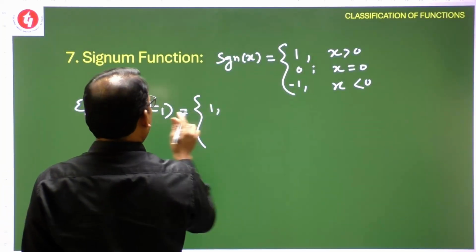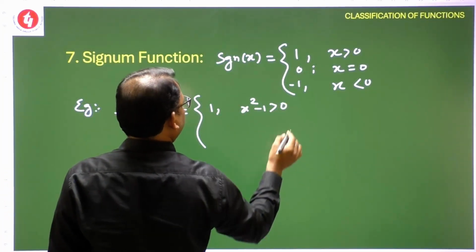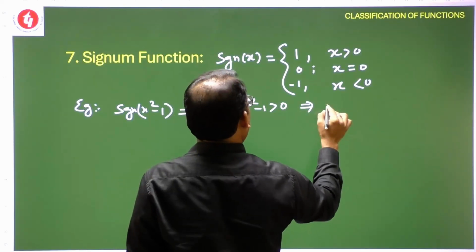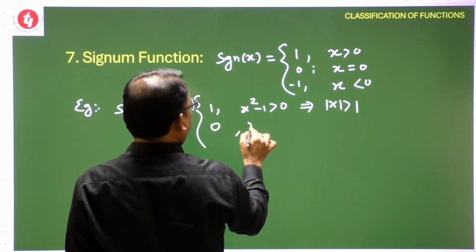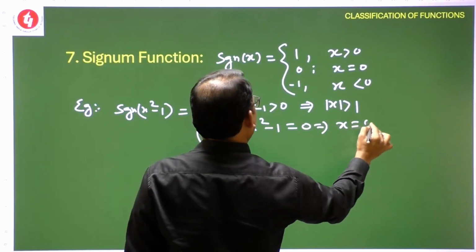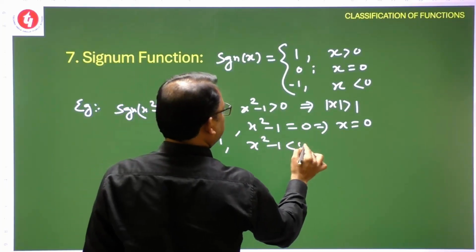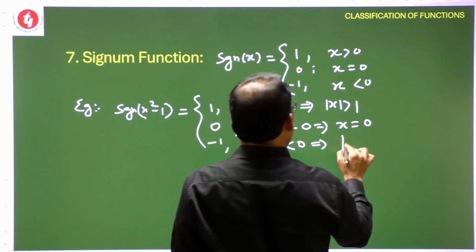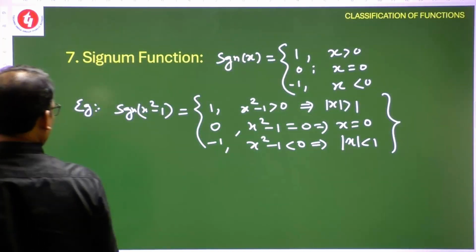It is 1 when x square minus 1 is greater than 0. This implies mod of x is greater than 1. It is 0 when x square minus 1 is 0, which implies mod of x is equal to 1. It is minus 1 when x square minus 1 is less than 0, which implies mod of x is less than 1. So in this way we can define it.